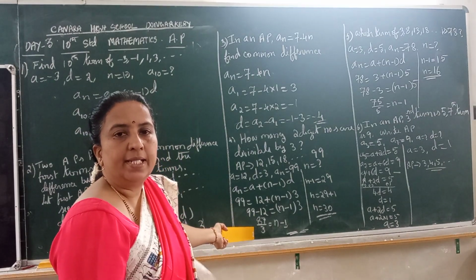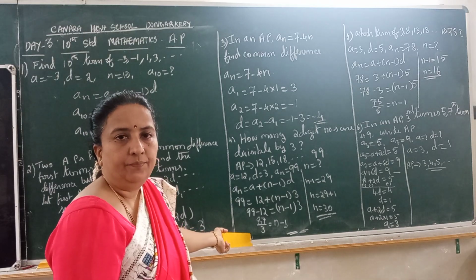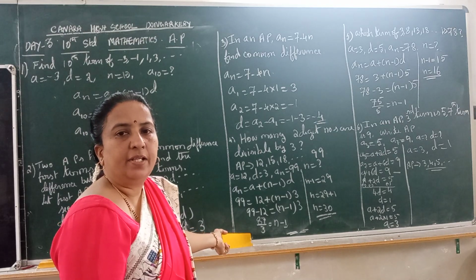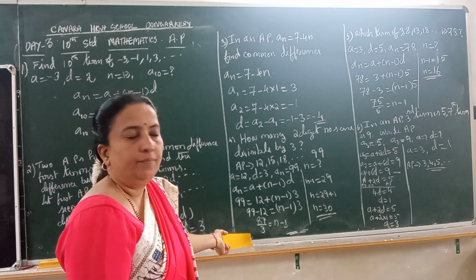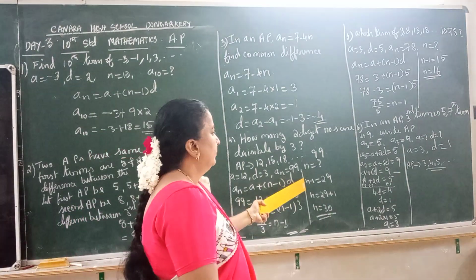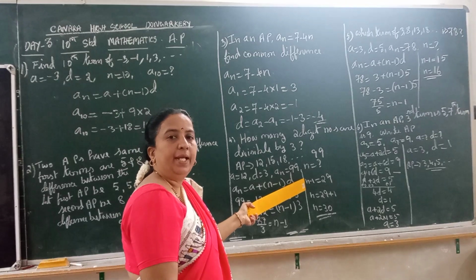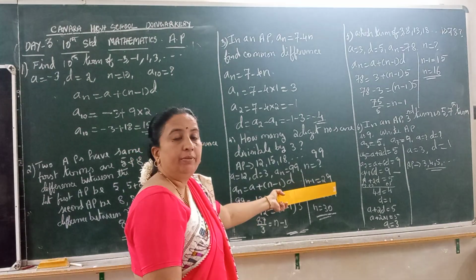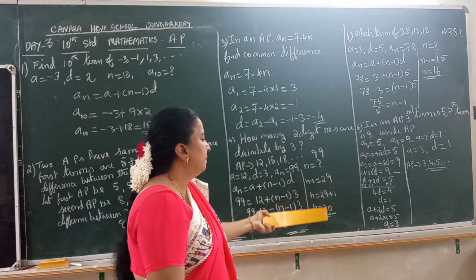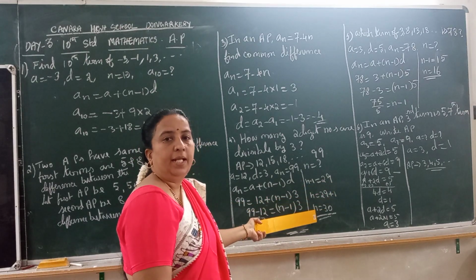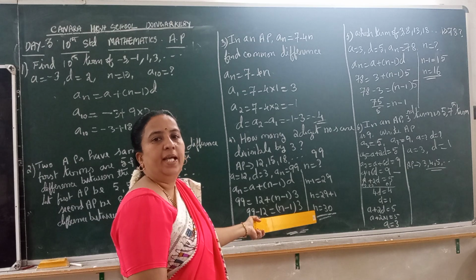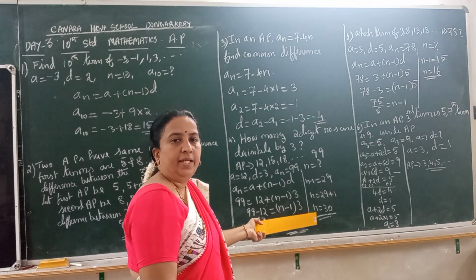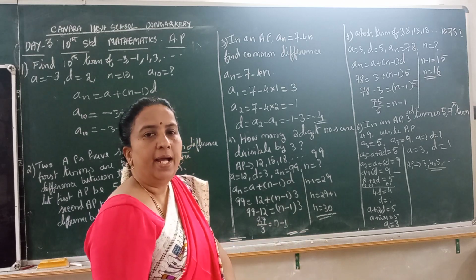Divided by 3 is n minus 1. 87 by 3 is how much? 29. Shift 1 to the other side, it will become plus. 29 plus 1 is 30. So how many terms are there? 30 terms. There are 30 two-digit numbers divisible by 3.